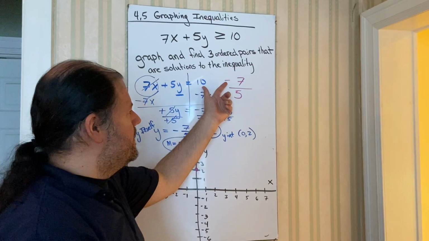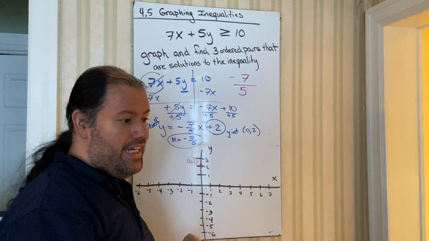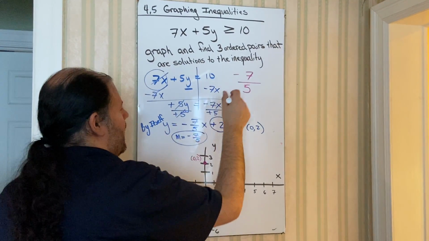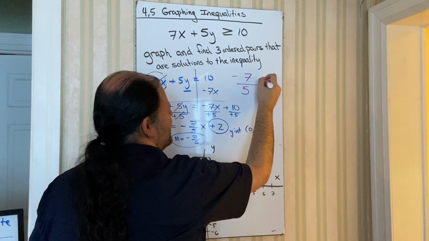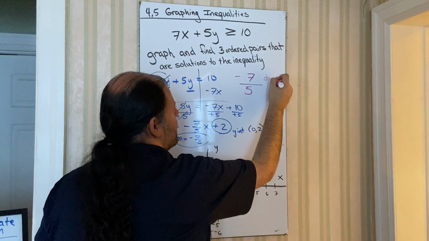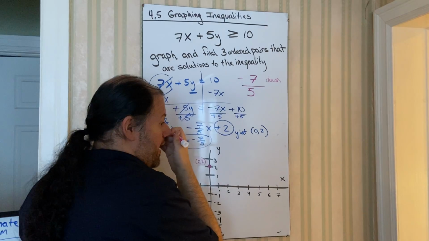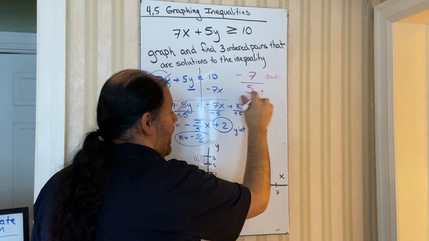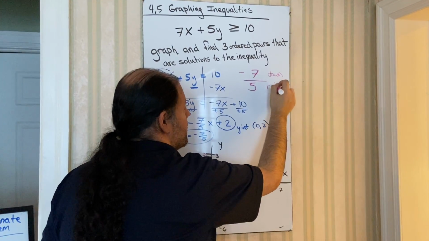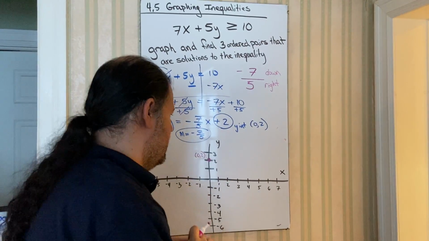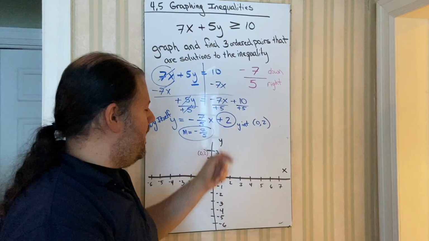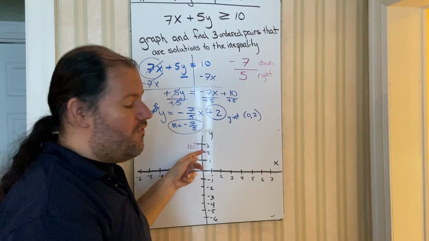Okay, so since it's negative on top, remember that's either up or down. Negative means down. And then the bottom, since that's positive, remember left or right, when it's positive, you go to the right. So let's go down 7 units from where?